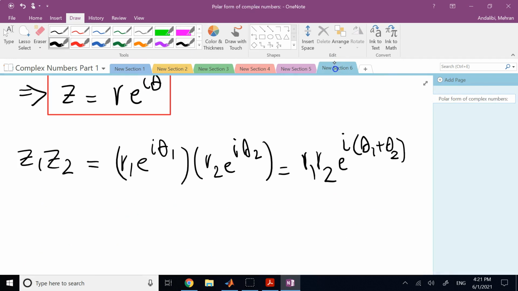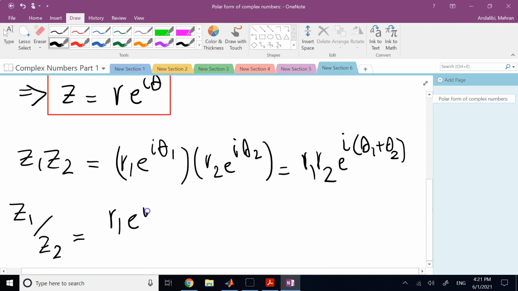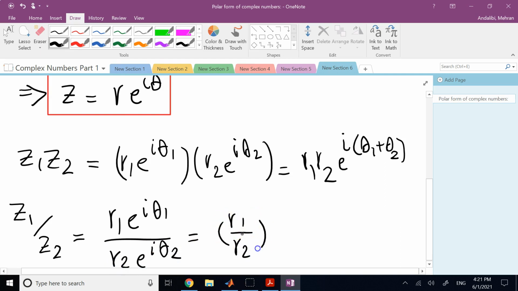Okay? So it depends on how you want to show it. Or when you are trying to divide z1 by z2, it is going to be r1 e to the I theta 1 divided by r2 e to the I theta 2. And all you need is to divide r1 and r2. And the exponentials, their powers will be subtracted. You see?